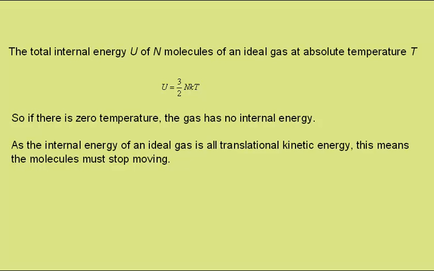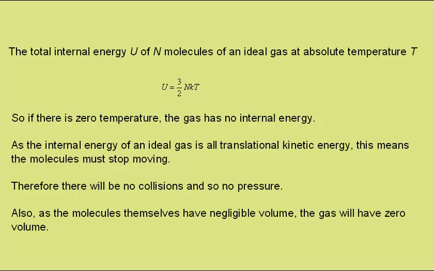As the internal energy of an ideal gas is all translational kinetic energy, this means the molecules will stop moving. Therefore there will be no collisions with the sides of the container, and so no pressure. Also, as the molecules themselves have negligible volume, the gas will have 0 volume.